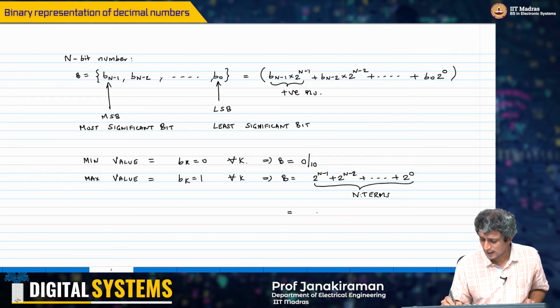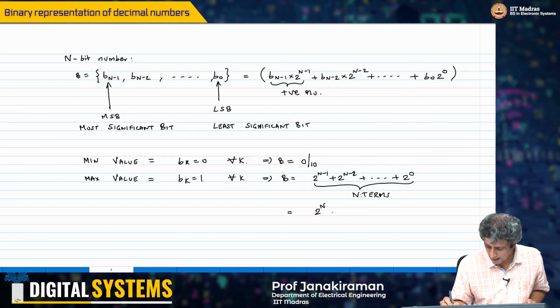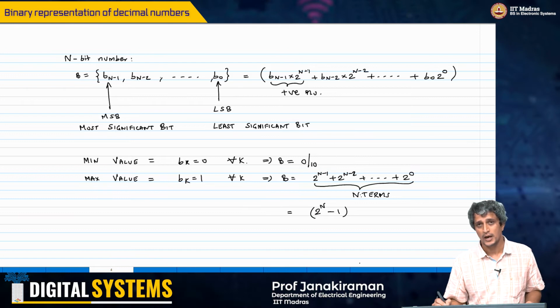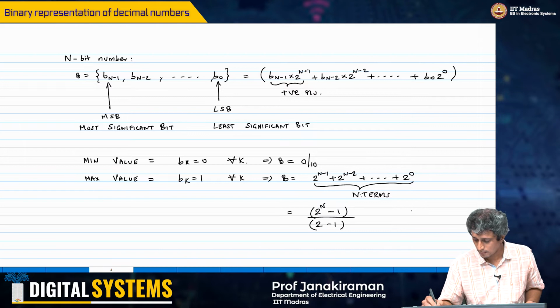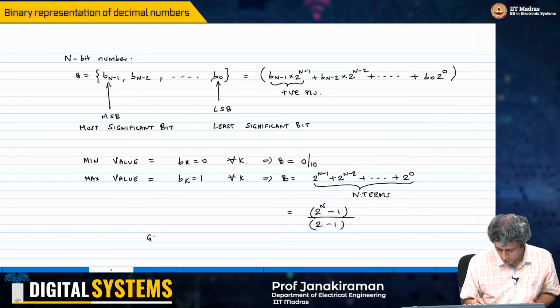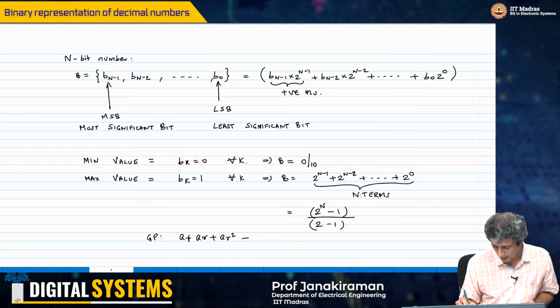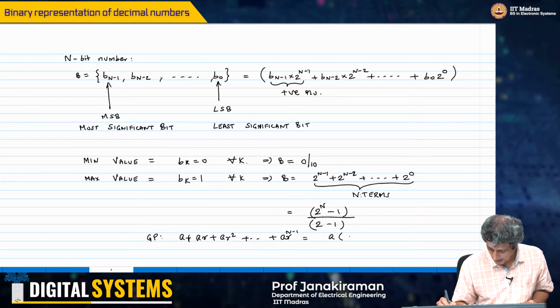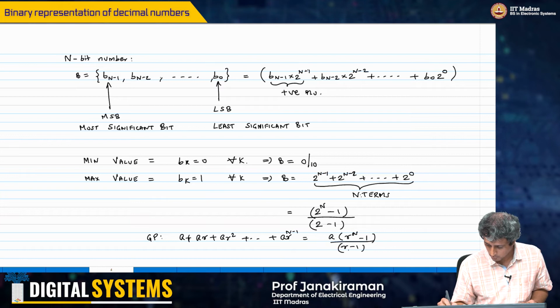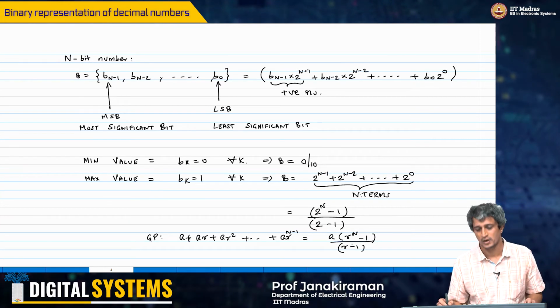So, what is this value equal to? It is (2 power n minus 1) divided by (2 minus 1). So, how did this come? If I have a geometric progression a + ar + ar square + ... + ar power n minus 1, this will be a into (r power n minus 1) by (r minus 1), if you remember your geometric progression from class 12.